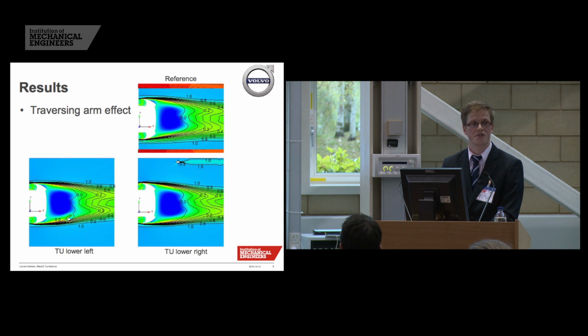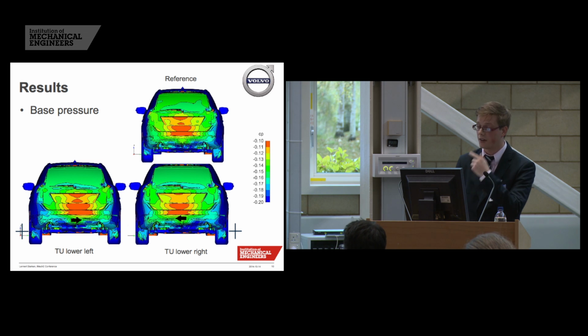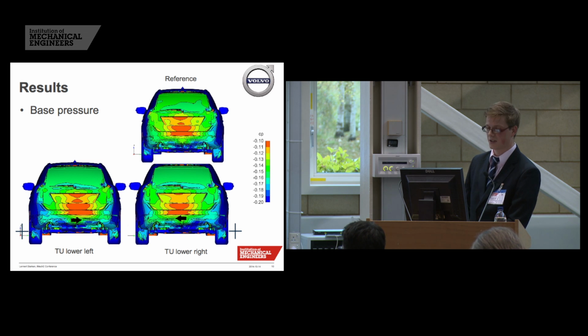But another question which can be asked as well is, okay, if we see changes in the wake, can we see changes on the surface pressure too? And that's what we see in this slide, where I plot the base pressure of the reference, and with the TU on the lower left, and here the TU on the lower right section. And then you can see that for one, you get a lower pressure on the windscreen compared to the reference, I hope it's clear, I tried to make it visible with the contour lines as well.